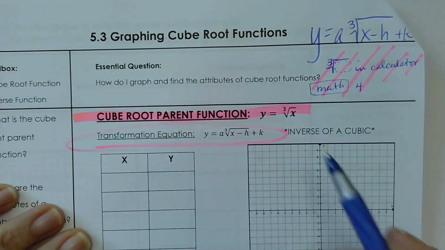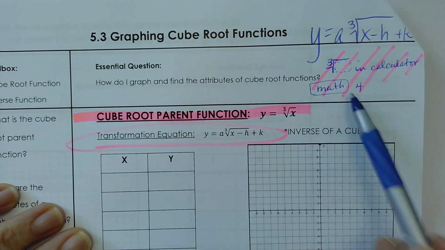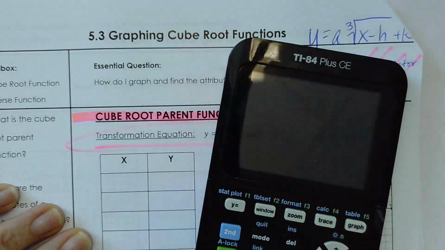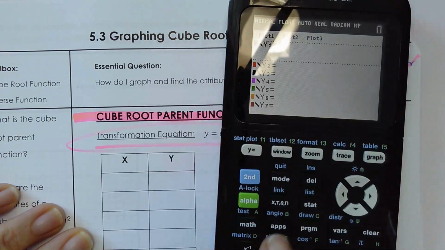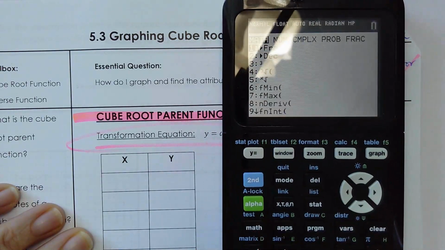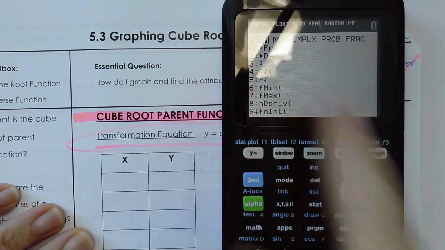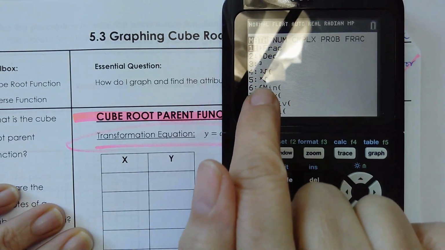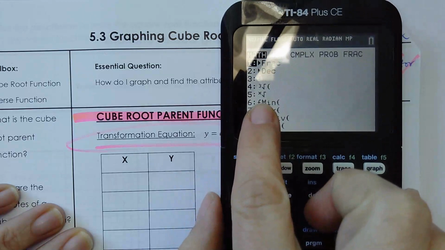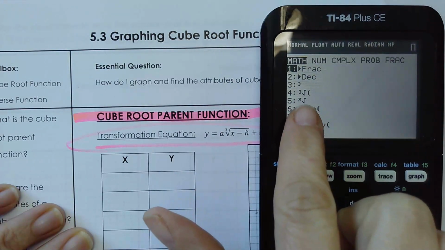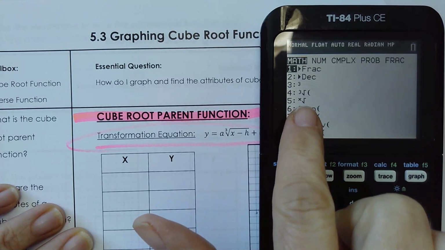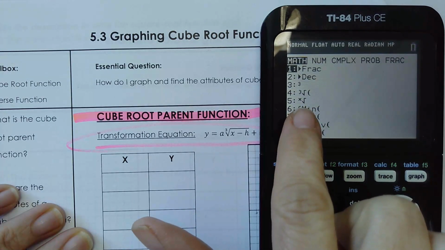You can use this in y equals to get yourself some points to graph. So I'll do the Math button, 4, this one. I could also hit 5, where I can choose what the index is, so what root I want to take.